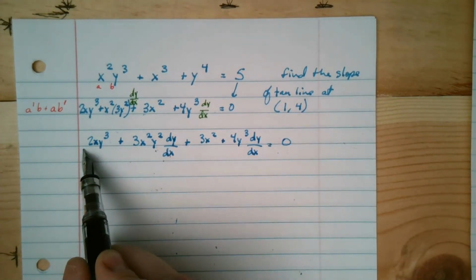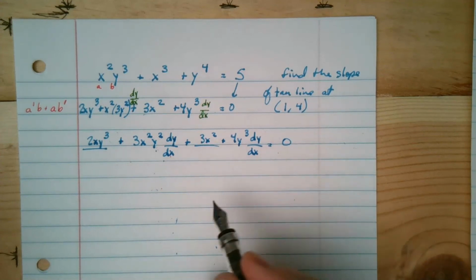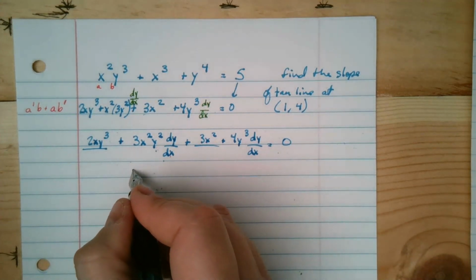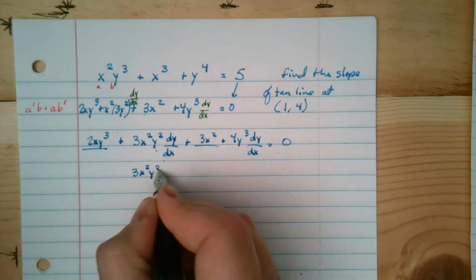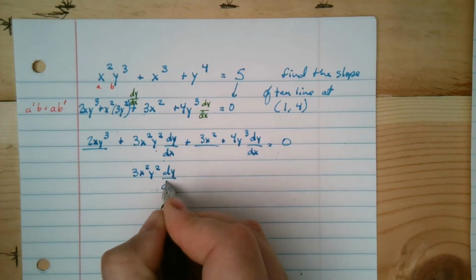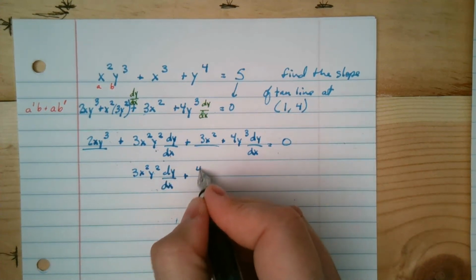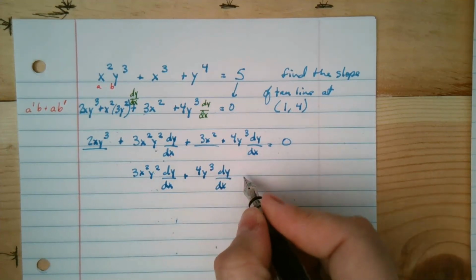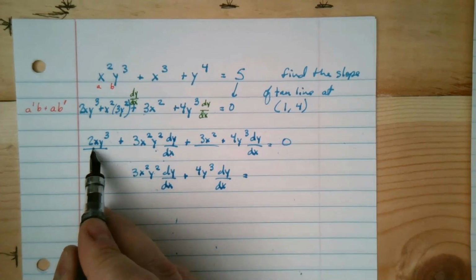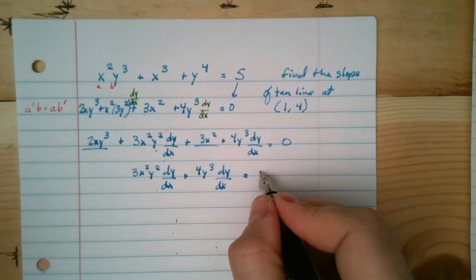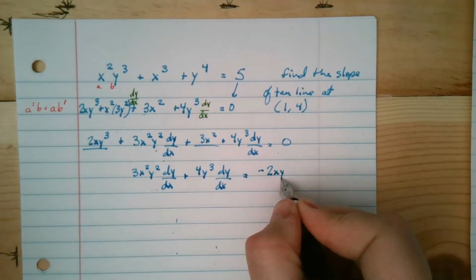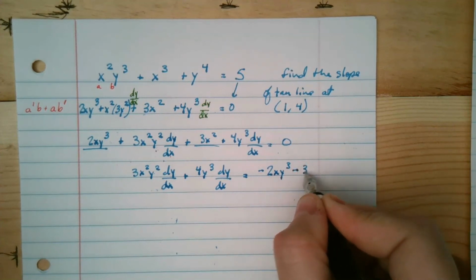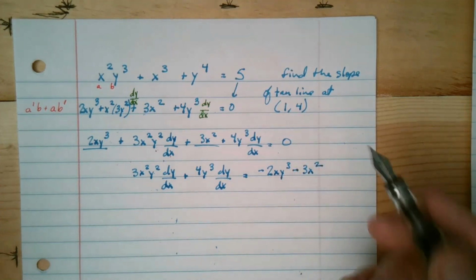I am going to move my terms that do not have dy/dx to the right. So we get 3x squared y squared plus 4y cubed, both with dy/dx, and that's equal to, and this guy and this guy are both going to be minus, so minus 2xy cubed minus 3x squared.